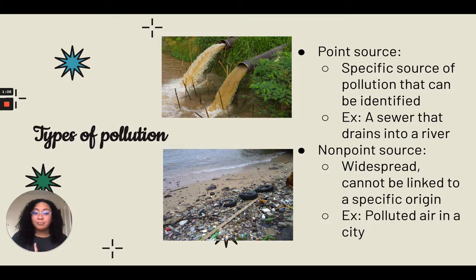And then a non-point source is widespread, and it can't be linked to a specific origin, so we can't really figure out where that source of pollution is coming from. So, for example, that could be the overall polluted air in a city. It could be just litter on a beach. All of those things are considered non-point sources. So they're widespread. They can't really be linked to a specific origin. Okay, so you can't really point it out.